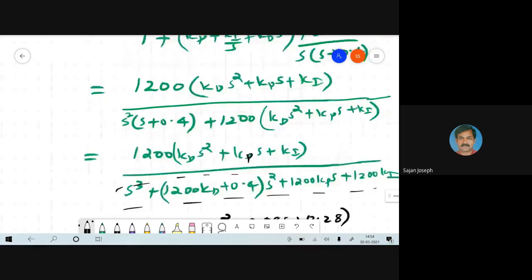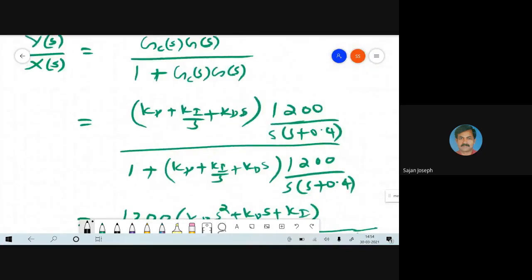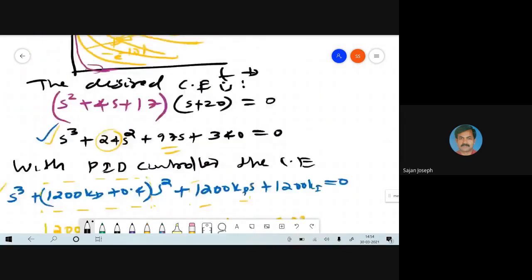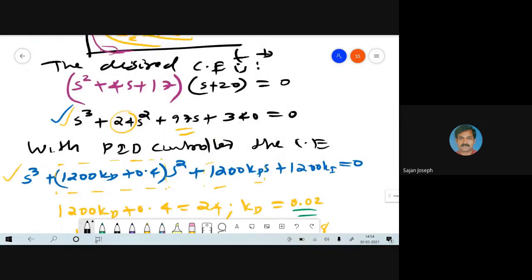This term will be exactly same as this term. Because that is the denominator of the transfer function. Denominator of the transfer function, when it is expressed in numerator by denominator, where numerator and denominator are polynomials, then the denominator is the characteristic equation.